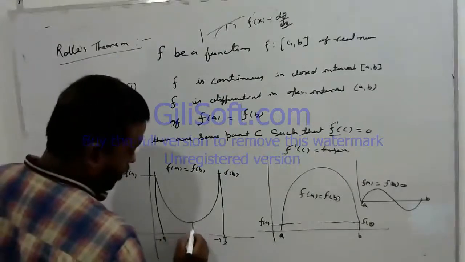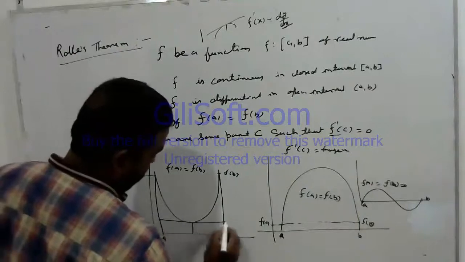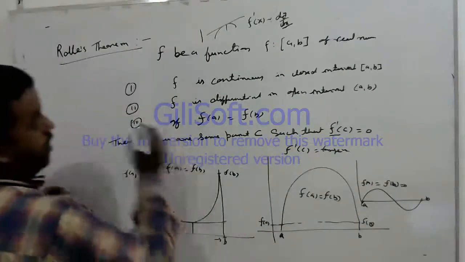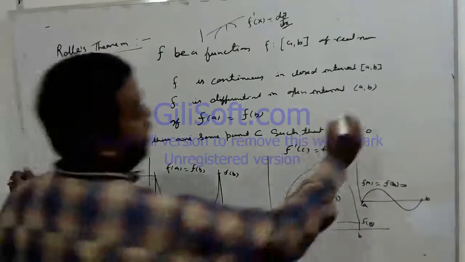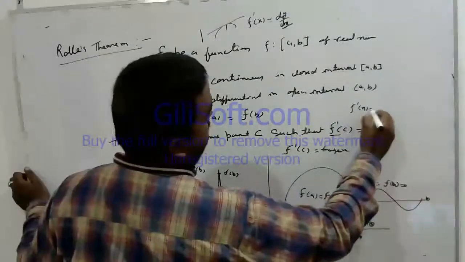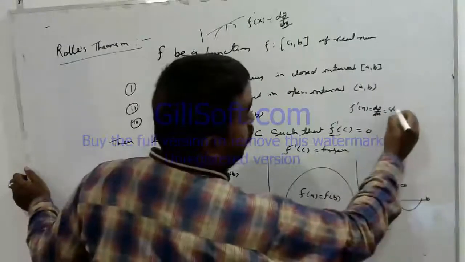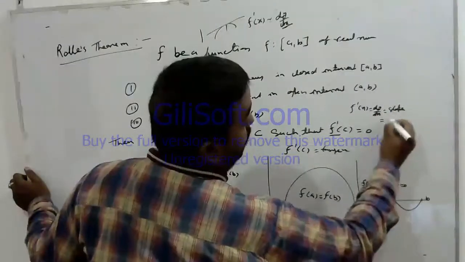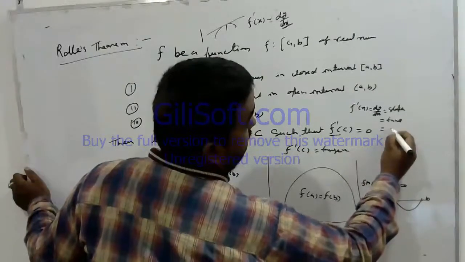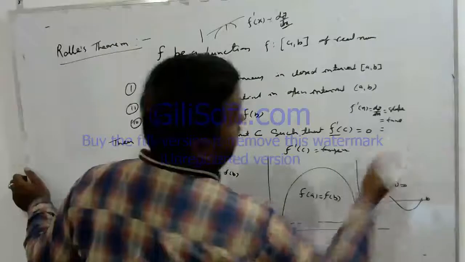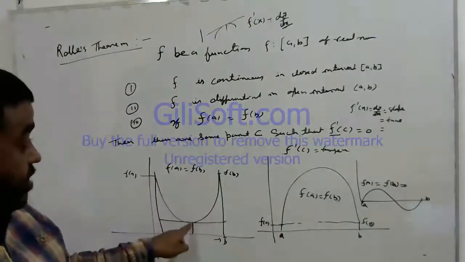So there must be a point, suppose there is a point c. If we draw f dash c, I just told you, f dash x is equal to dy by dx, and dy by dx means slope, and you know that the slope is equal to tan theta. This is the tangent, this is the slope tan theta.